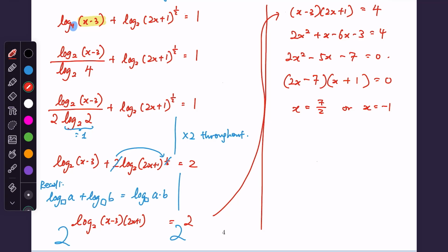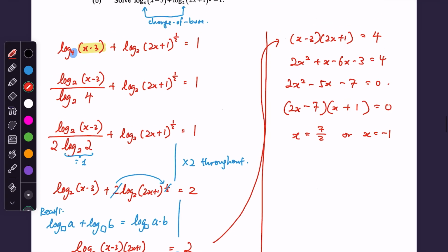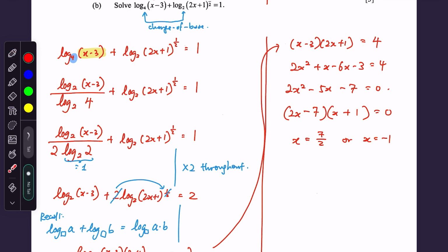Now when we get multiple answers, actually not just for logarithms, but for logarithms it's especially important because usually we need to reject certain solutions. The best thing you can do here is to eyeball it. You have 2 different x values, and you're going to sub it into every single logarithm term you have in the original expression.